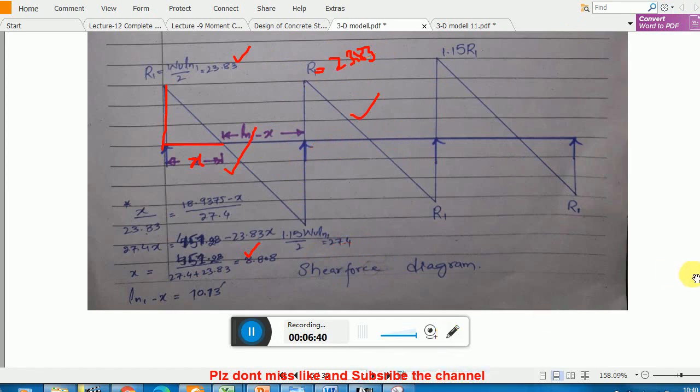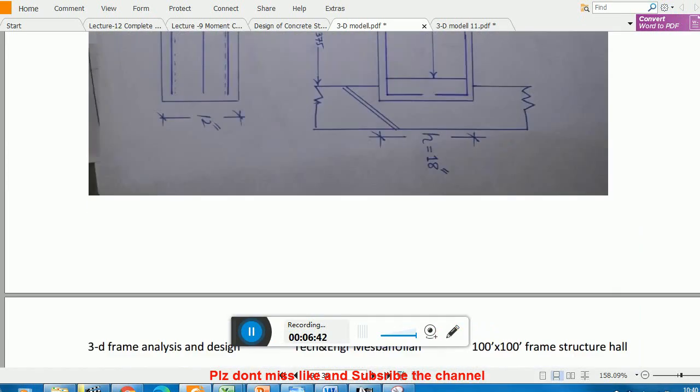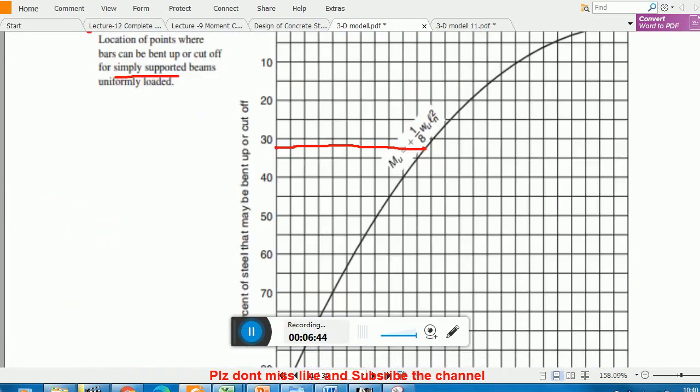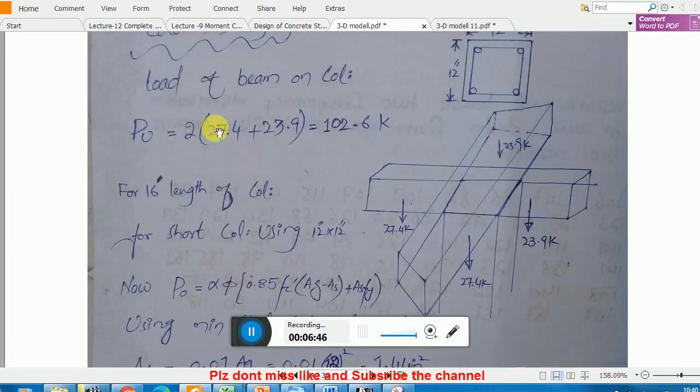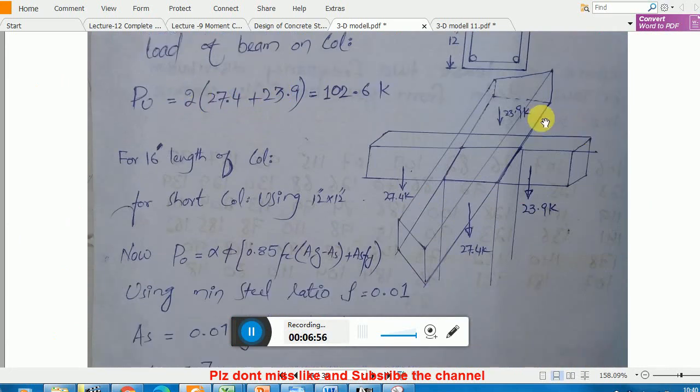Clear? So these are the reasons behind using that formula for calculating the load on the column. Okay, we add up these two because this is for the one side beam for the end span and this is for the middle span. Okay, and then we multiply by 2. Okay, you see here 23 from that side, 27 from this side, because this is the exterior face, and 23 from that side and 27 from that side.